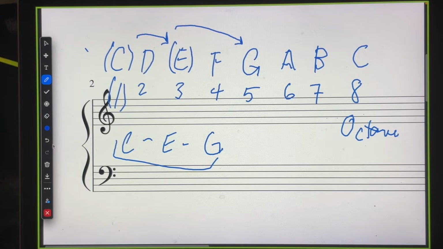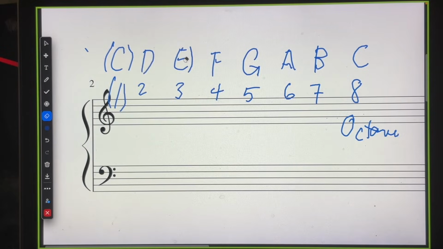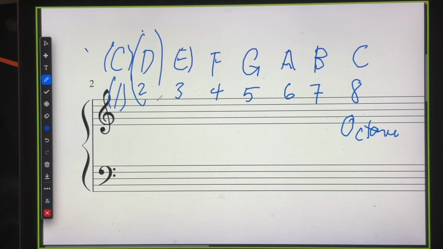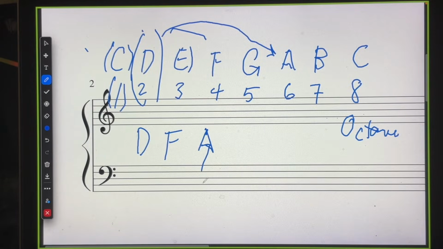Now, the same formula will apply inside this key of C. And all these notes here, we can build chords. Okay, so for example, if you want to build a chord from D now, you take D, you take the 3rd letter from D, which is F, and then we take the 5th letter from D, which is A. You end up with D, F, and A. If we play them together, D, F, and A, it will sound like this.